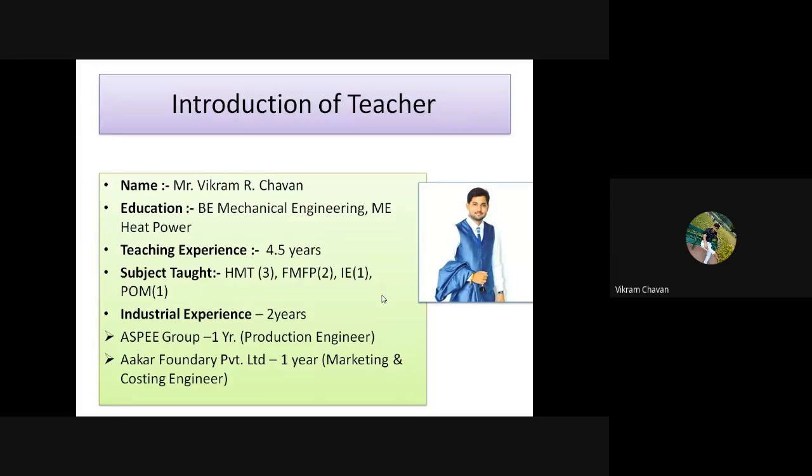Afterward, another responsibility was handed over by the company as a production engineer. Then after 1 year, I switched to Akar Foundry Private Limited, and worked near about 1 year as a marketing and costing engineer.